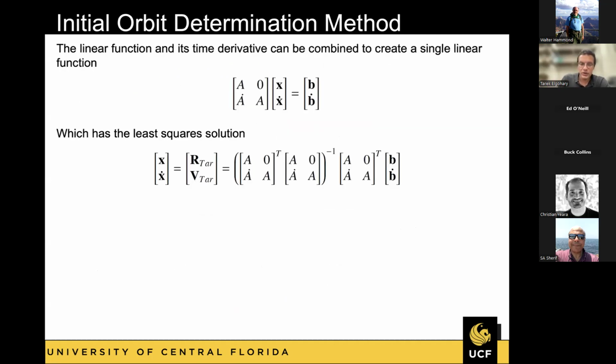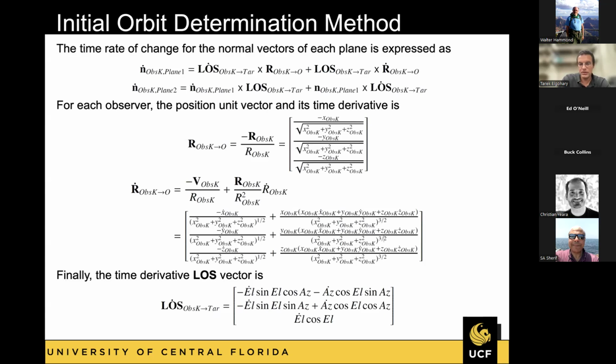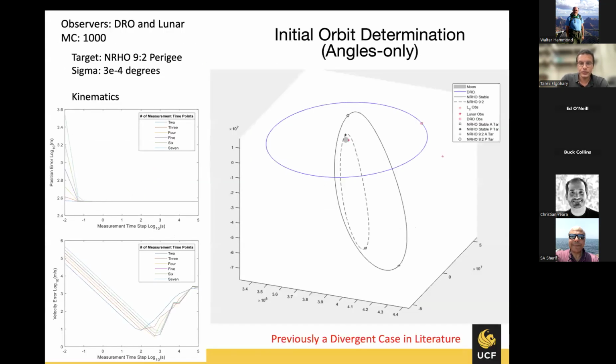It becomes a least squares problem where we can solve for the x dot, the velocity and position of the target, given the line of sight, the angular rates, and line of sight dot as a function of the normals, all the planes, and the locations of the known observers.